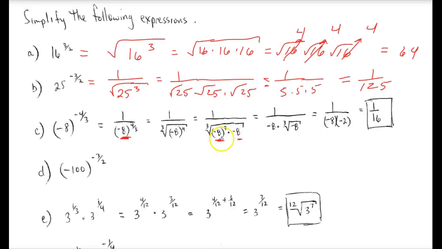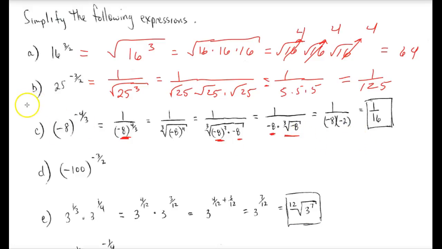And so we see that we have 3 factors of -8 that are under the cube root sign so that we can pull one out. And we notice that what's left here is 1 factor of -8 under the cube root sign, but we know that -8 is the same as -2 times -2 times -2, or -2 raised to the 3rd power. Okay, and so I'll go ahead and write that up there just in case you need a visual.